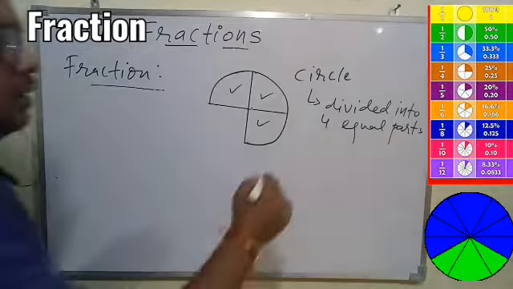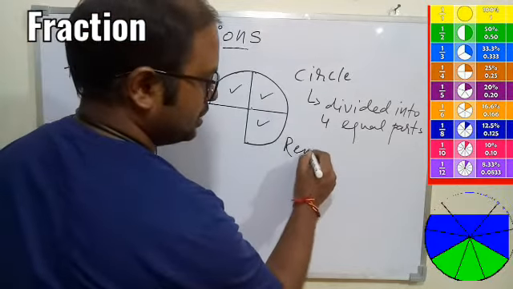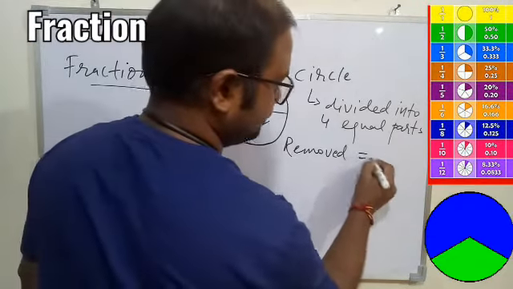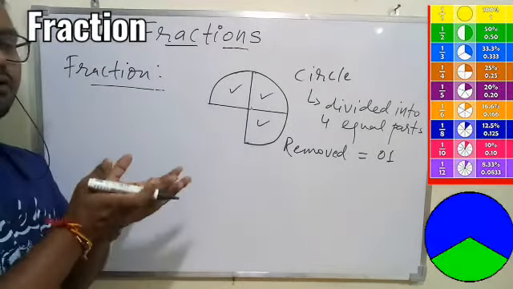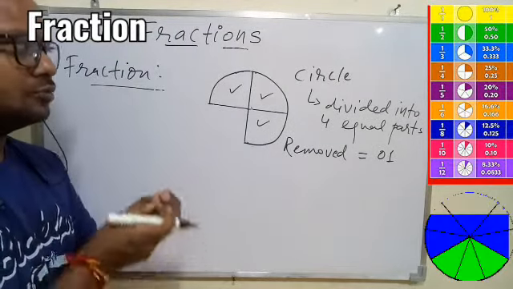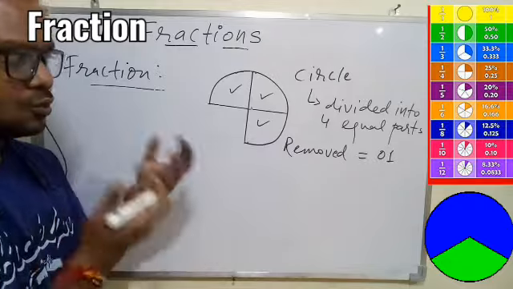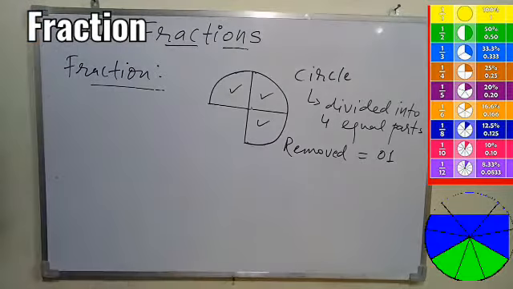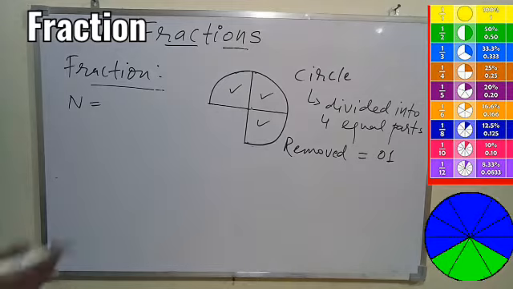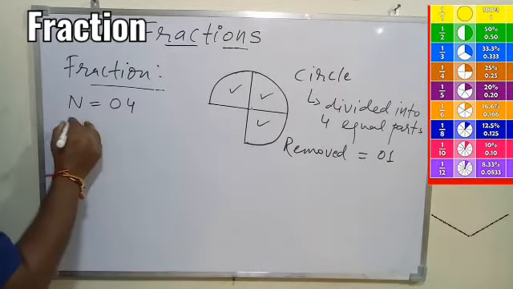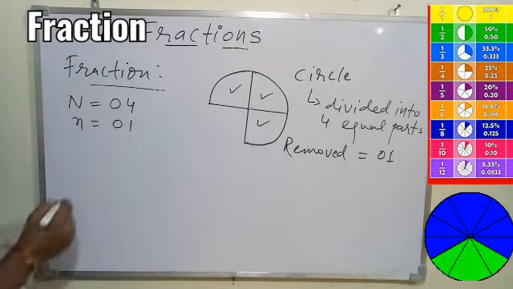And now the next thing we have is, out of this 4, let's remove 1. So if removed, how much? 1 is removed from the same, and again this has to be shown in the form of a number, that is 1 out of 4 is removed. Then how to show it with the help of a number? So again we can say here total parts, capital N, how many we had? 4. How many removed? 1.